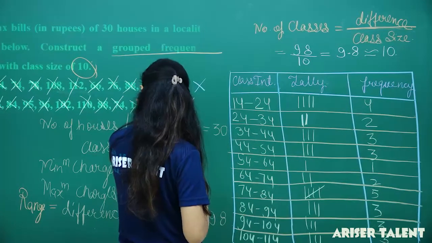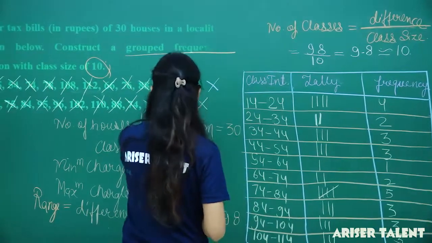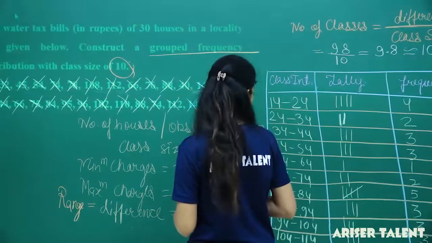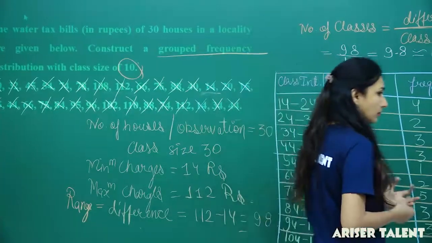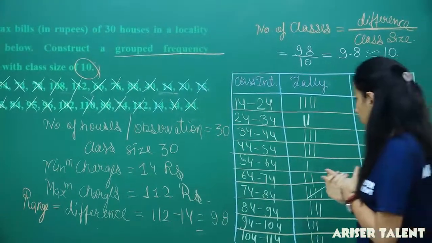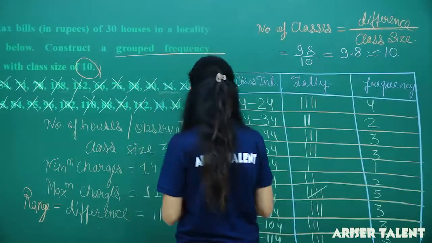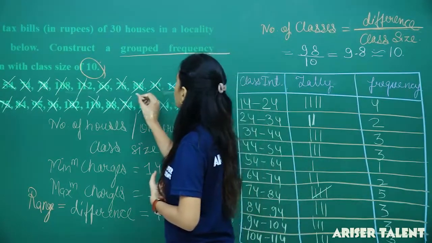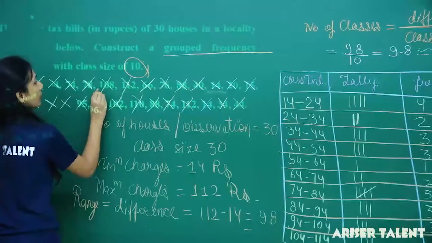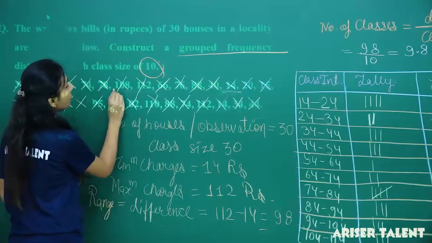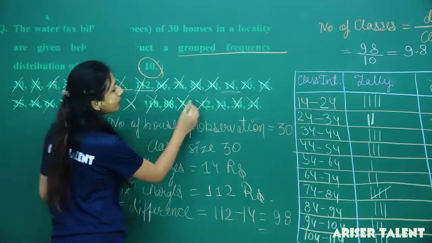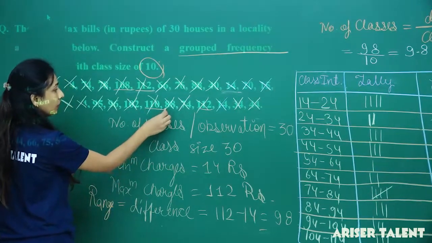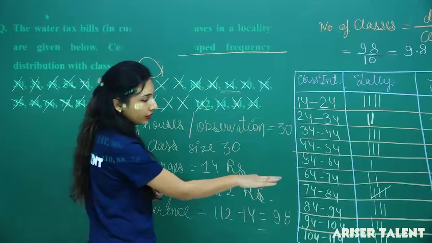Okay, so the last one, 104 to 114, we marked 1, 2, 3 and 4 here, and we had written only 3.